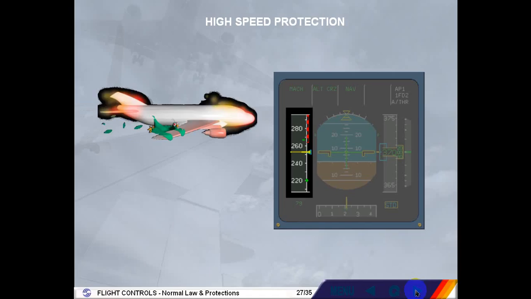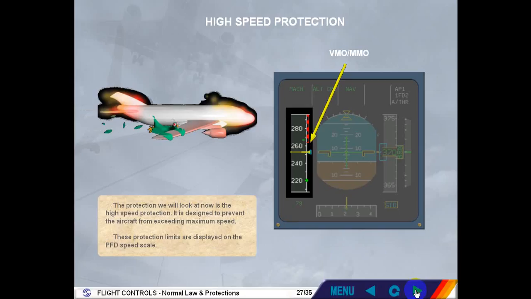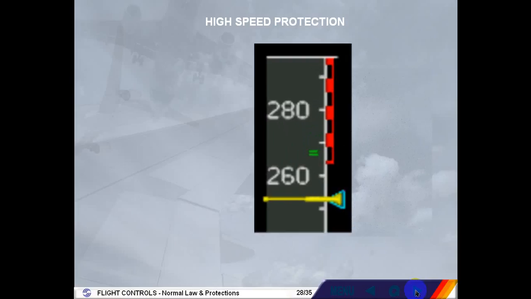The protection we will look at now is the high-speed protection. It is designed to prevent the aircraft from exceeding maximum speed. These protection limits are displayed on the PFD speed scale. VMO-MMO is shown as the bottom of the red-black barber pole.